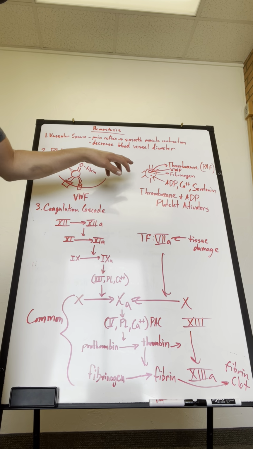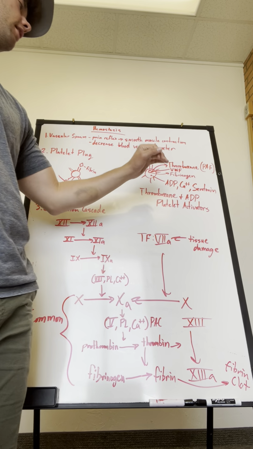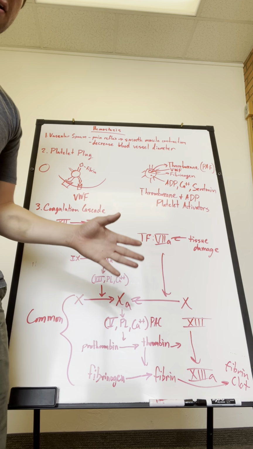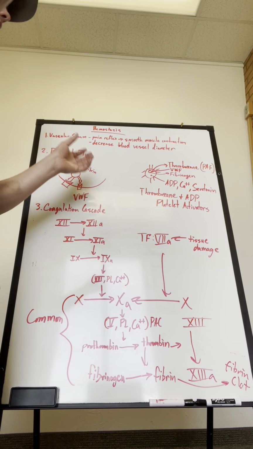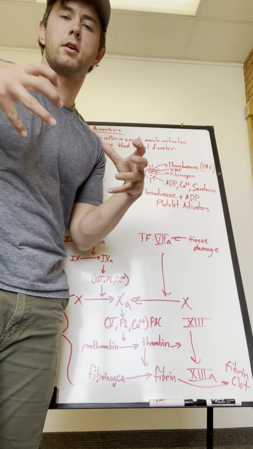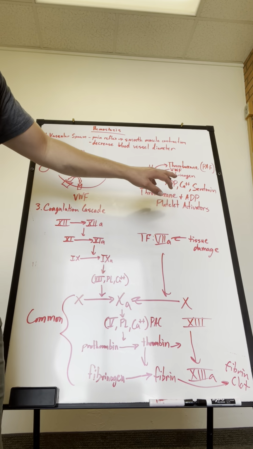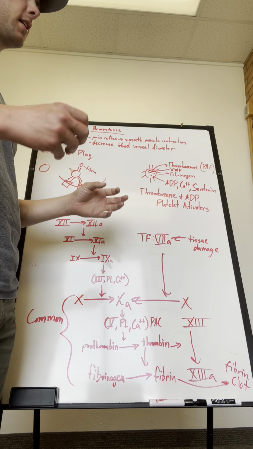Moving on to our dense granules, we're going to secrete adenosine diphosphate. ADP is also a strong platelet activator. We're just activating platelets left and right here because we want to form this clot as fast as possible. We'll also secrete calcium. Calcium is going to do a couple things.